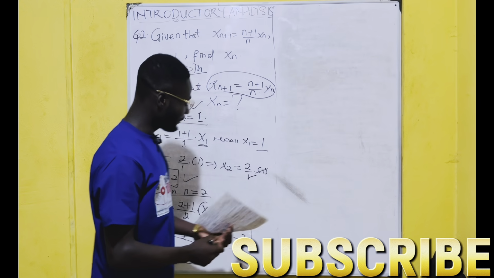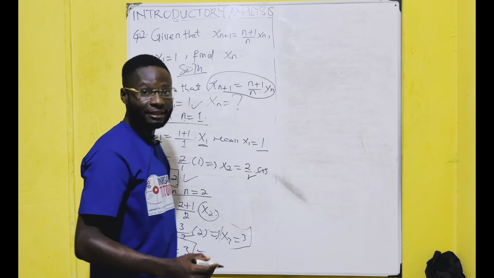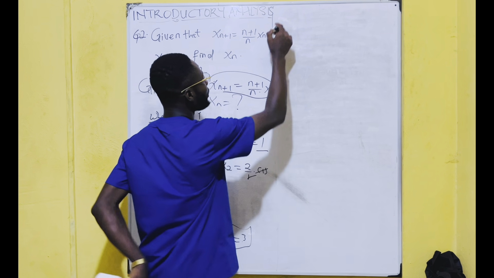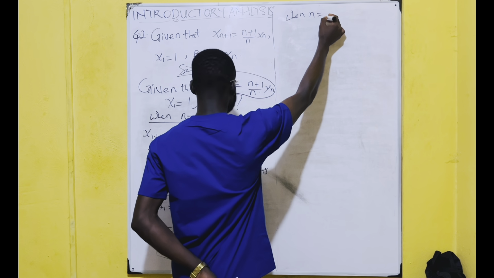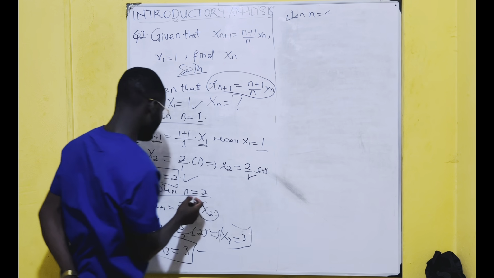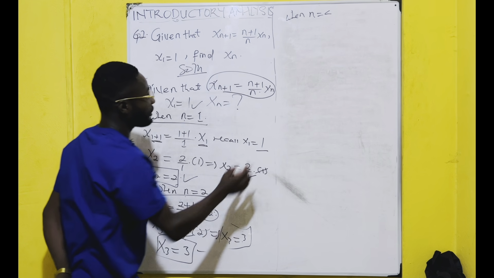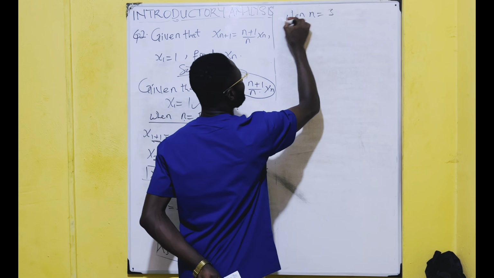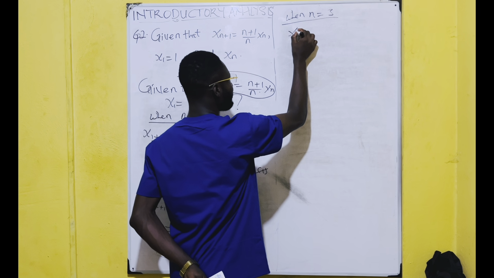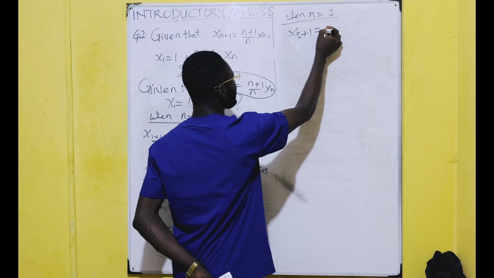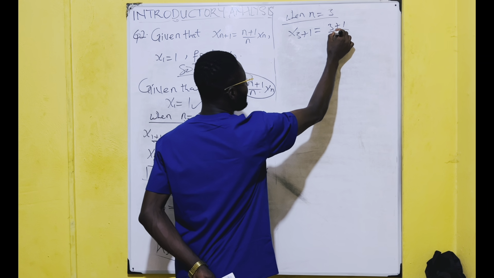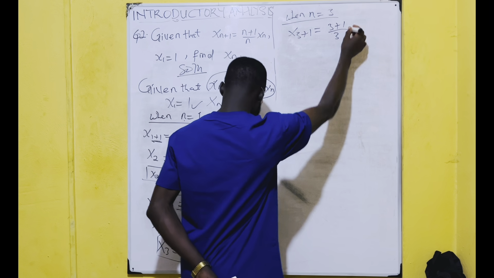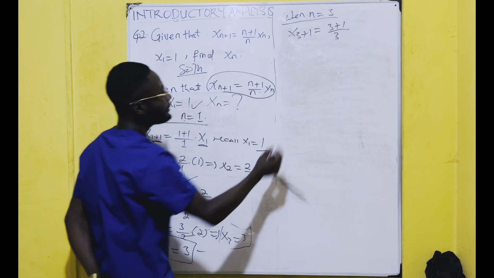Once we have S3, we can go ahead to find S4 as well. So now we consider when n is equal to 3, then we find S4. So x(n+1) equals (3+1) divided by 3 times xn.